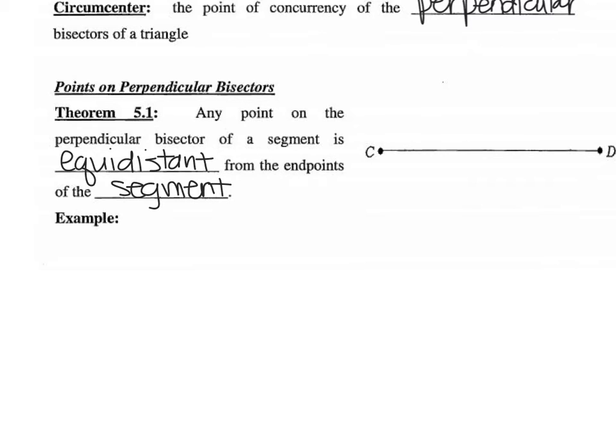So for example, we have segment CD. If I construct my perpendicular bisector going through CD at, let's say, point E, means that CE and ED are now congruent. So we have that CE is congruent to DE.